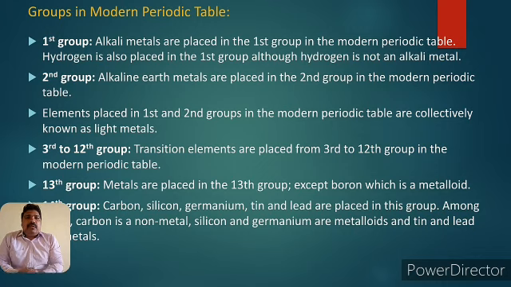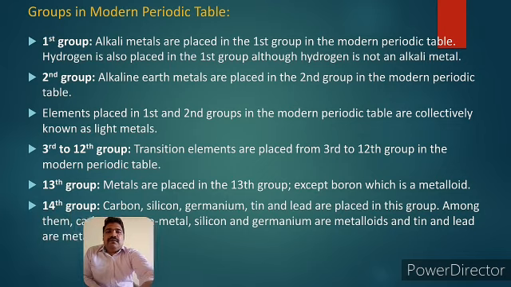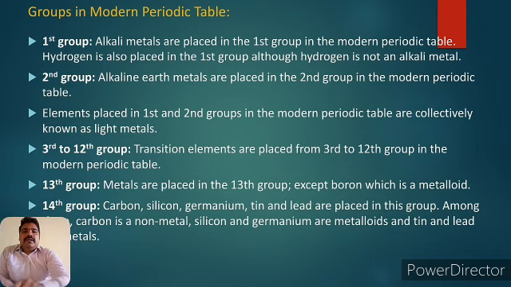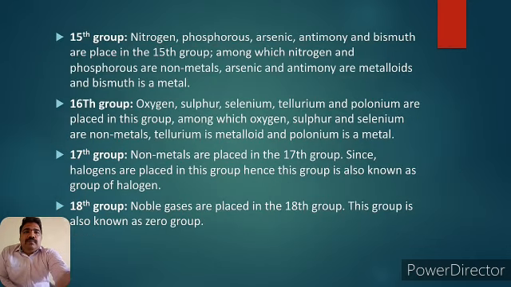In groups 3 to 12, transition elements are placed. The 14th group consists of carbon, silicon, germanium, tin, lead and other metalloids.